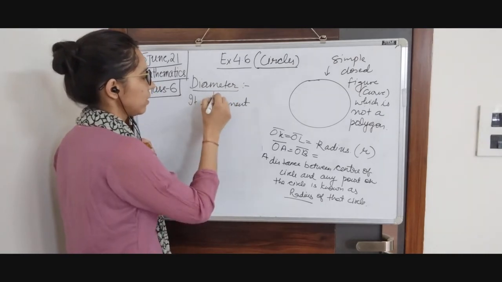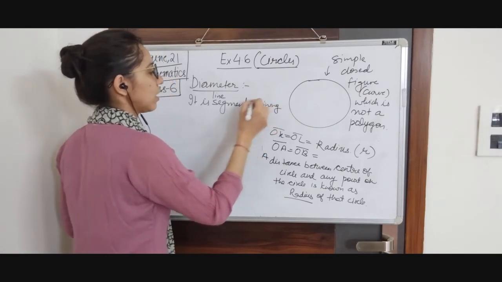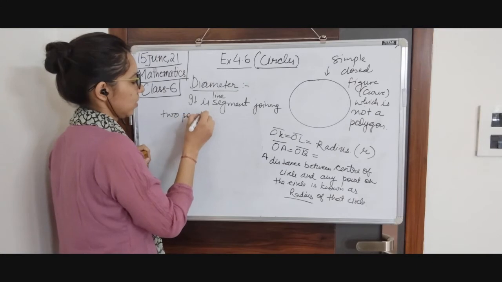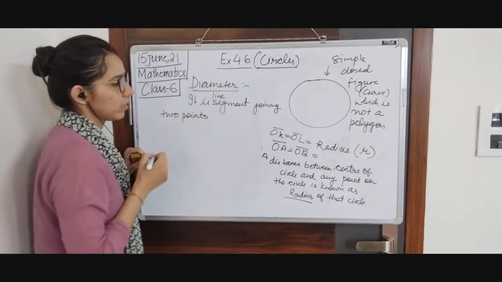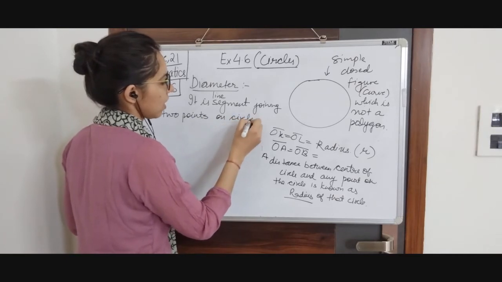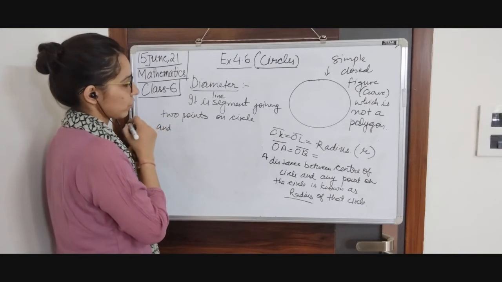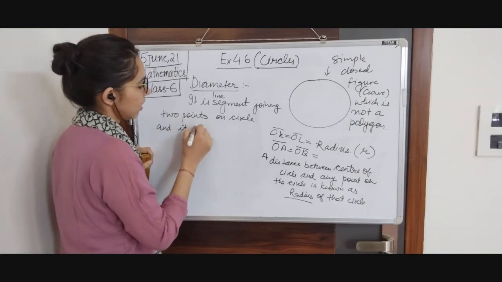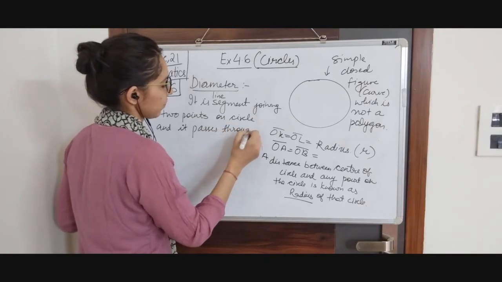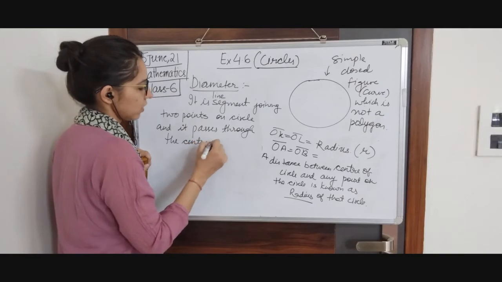It is a line segment joining two points on the circle, any two points on the circle, and it passes through the center of the circle.